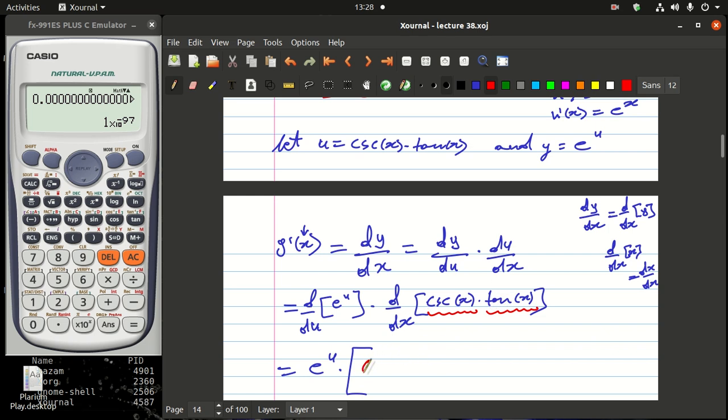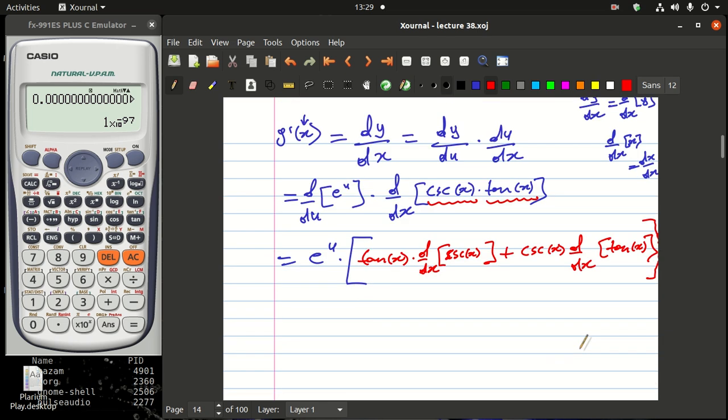So you keep the second as it is, you take the derivative of the first, which is cosecant of x, and then you add, you keep the first as it is, cosecant of x, and then you multiply by the derivative of the second, tan of x. So of course you close your brackets.